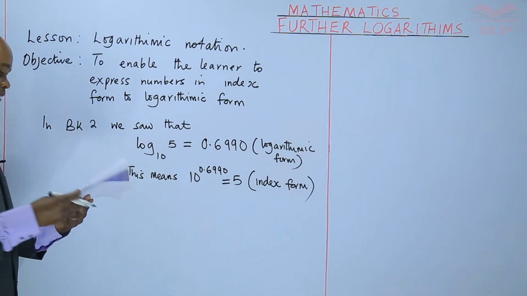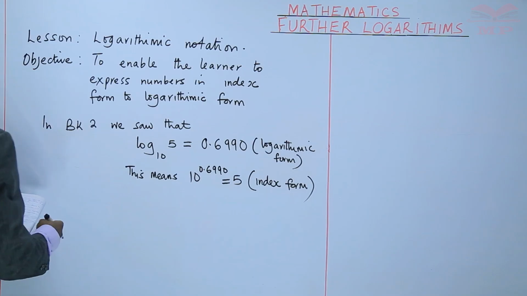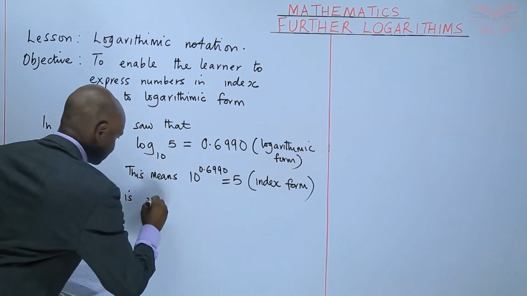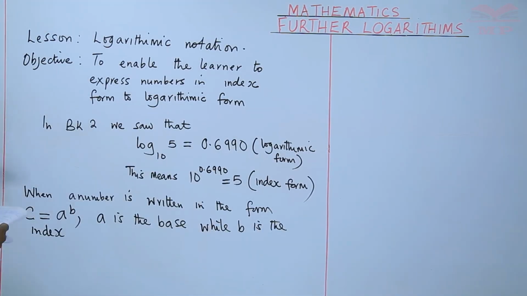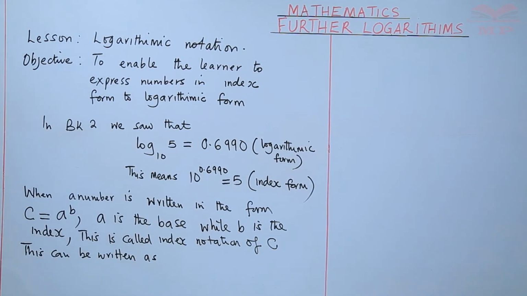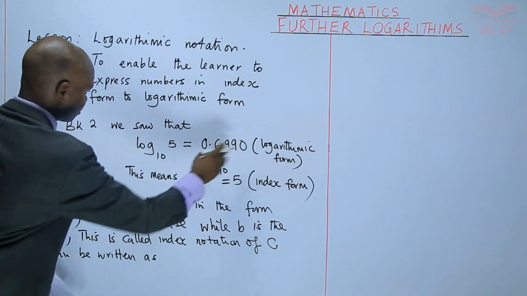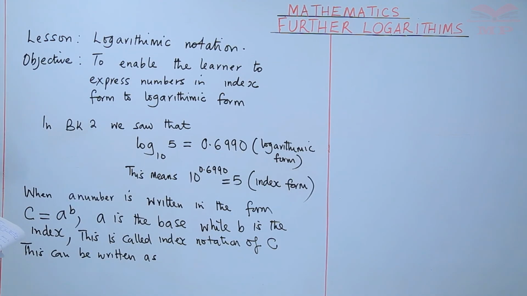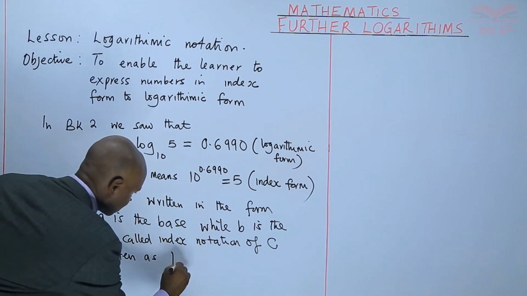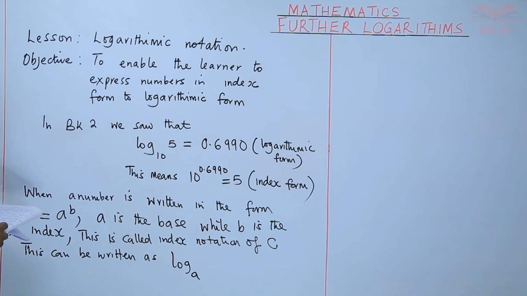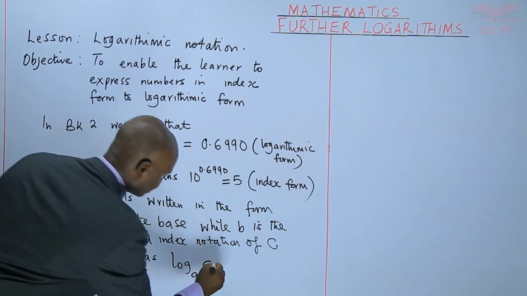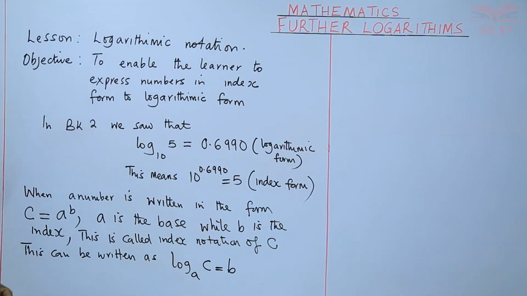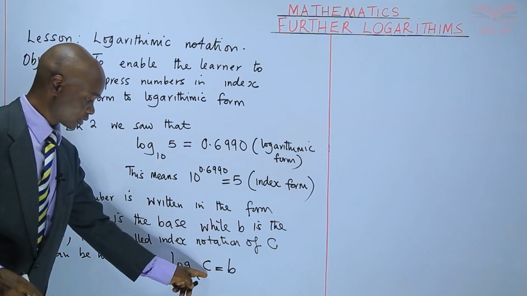So learner, that can be written as: log of c to the base a is equal to b.